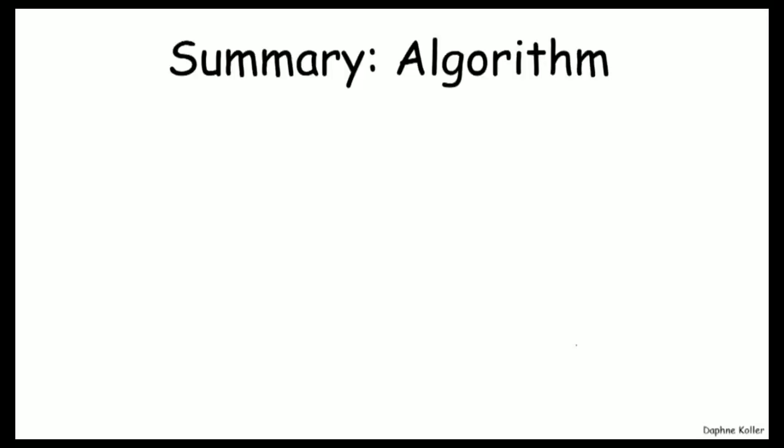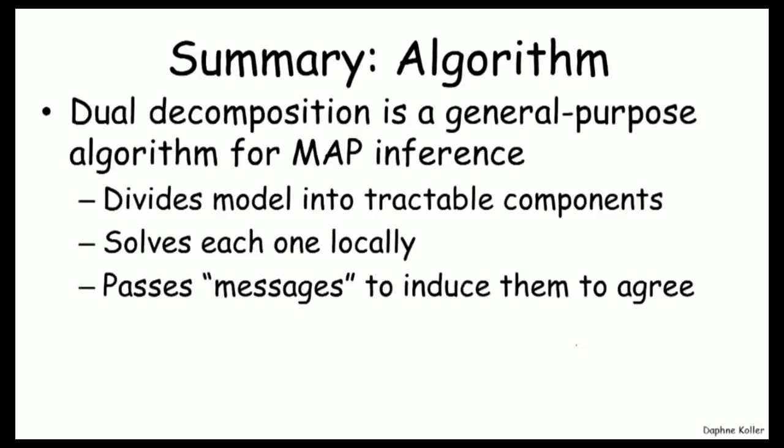So let's summarize different aspects of what we've talked about. First of all, let's summarize the algorithm. Dual decomposition is a general purpose algorithm for MAP inference that works by dividing the model into tractable components, which could be potentially multiple factors in a single component or slave, solves each slave locally, and then passes these lambda messages between them to try and get them to agree.